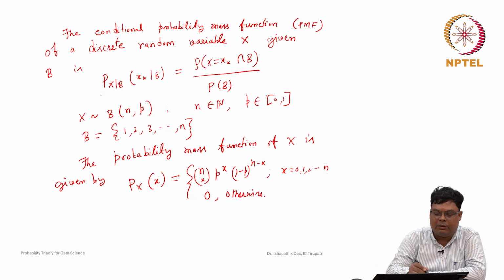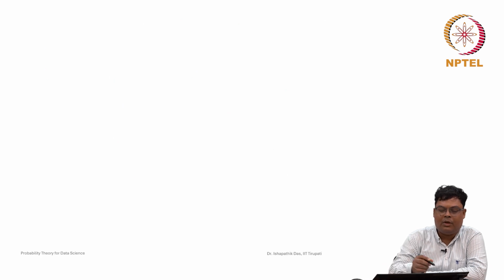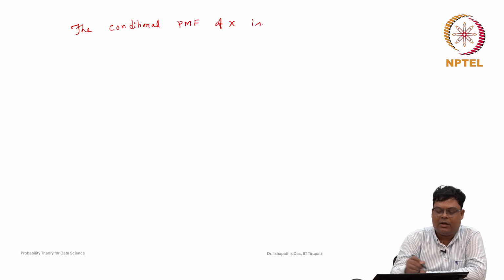Now we use this definition to find the conditional probability mass function of X given B. Here xk is just x equal to 0 to n.